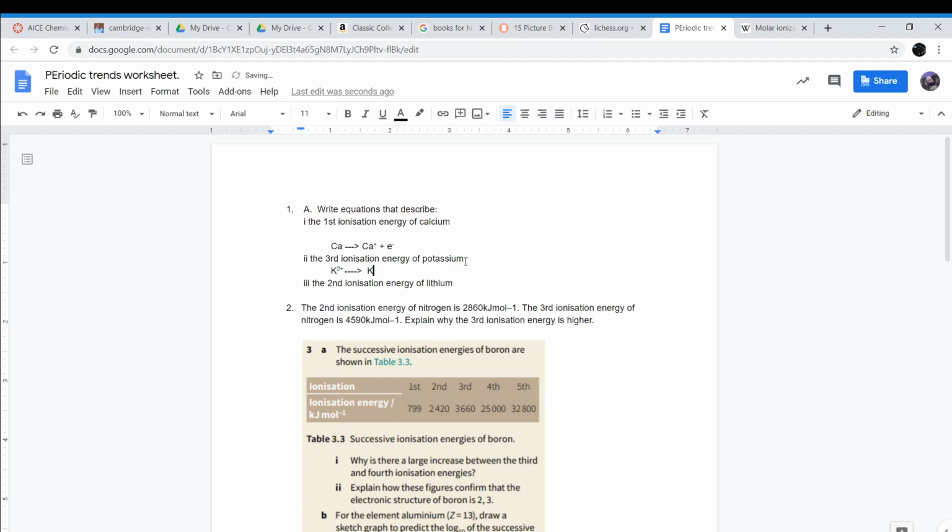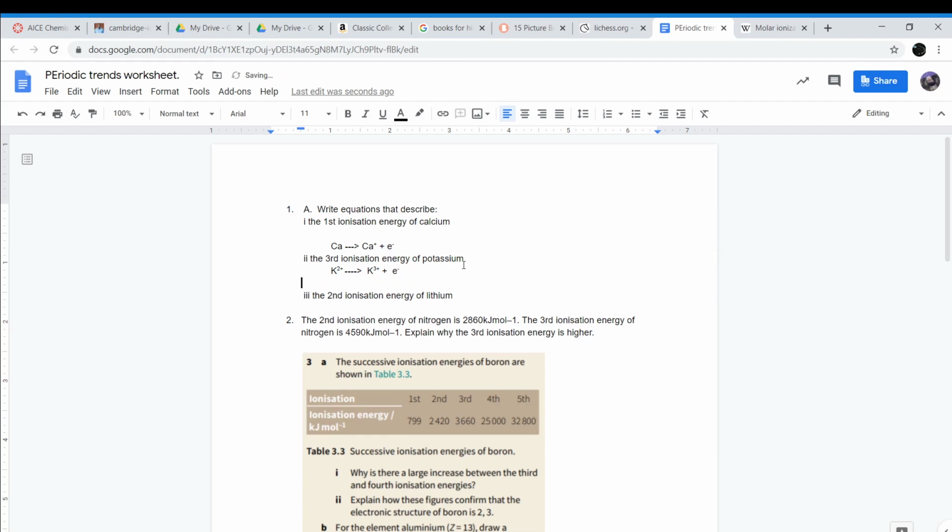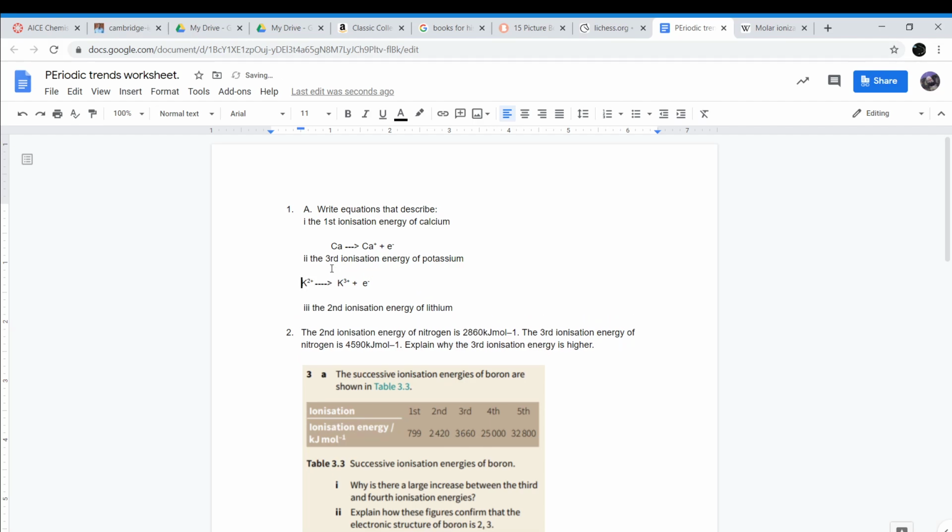Then it's going to be K, and this time it's going to be 3 plus. Then we have to remember to add our electrons, and I'm going to go ahead and copy this electron because I'm lazy, and then we add it in there, okay? And this is how we do our third ionization energy. This one's really testing, hey, if it's the third ionization energy, how many has it already lost? In this case, it's 2.